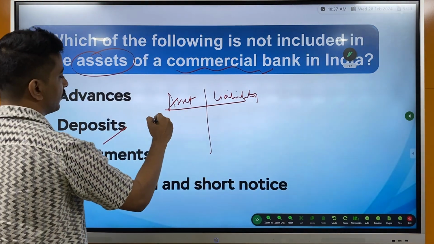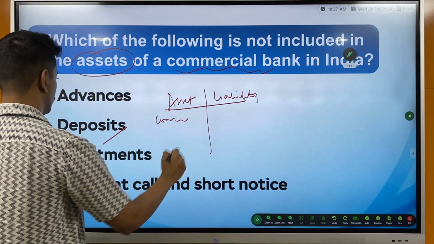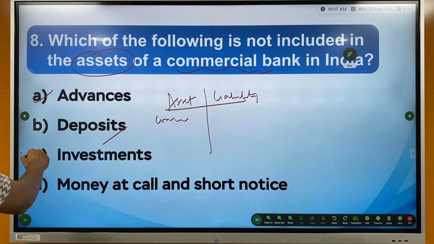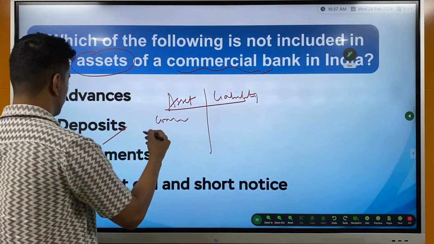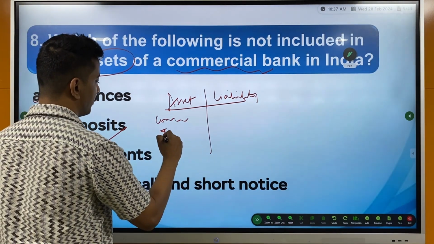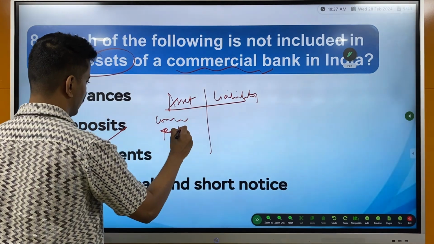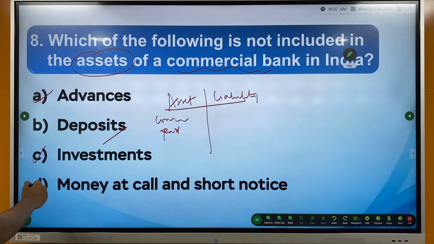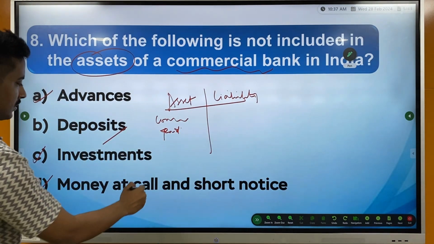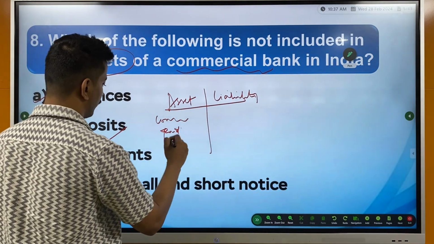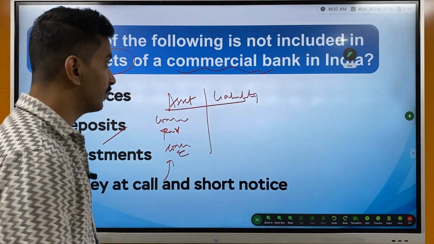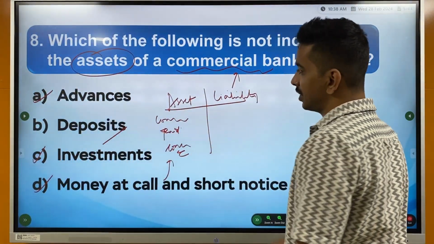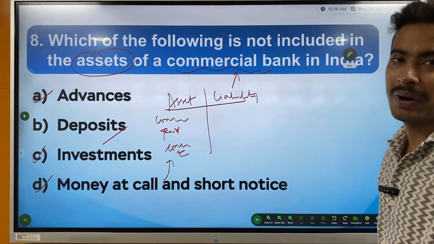Why? Because they have given out a loan. Investment, again, is an asset because it has to be paid back. Third, money at call or short notice, again a kind of loan given. All these are assets for a commercial bank because this money will come back.